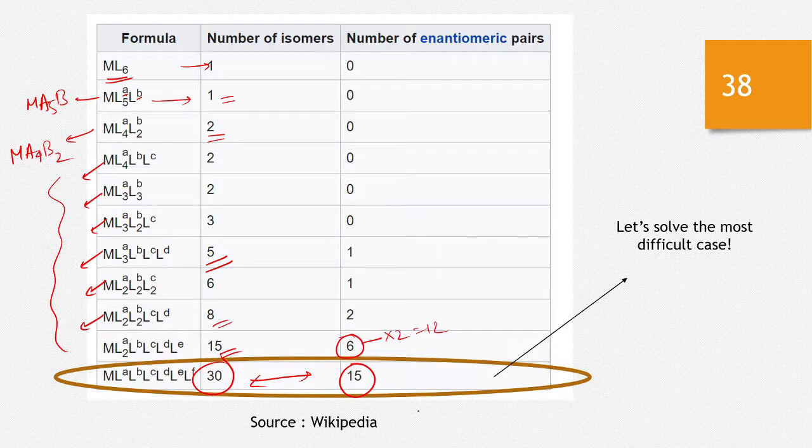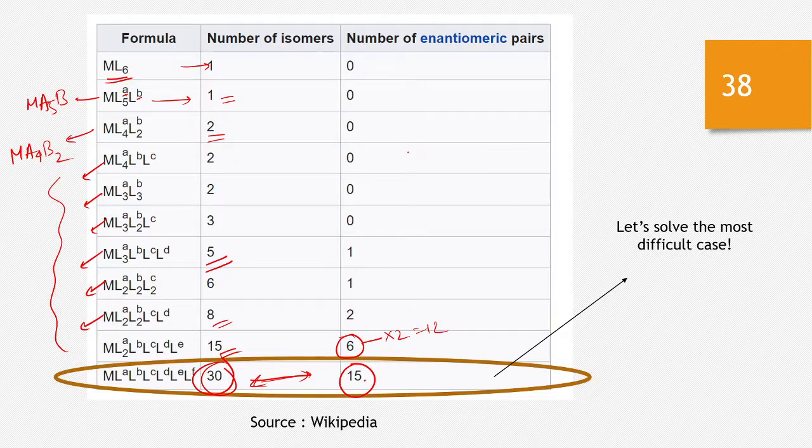So there is something interesting going on in these kinds of structures also, and maybe I will pick a random one and make a video about how to understand this. Here you have 30, and don't think that the number of enantiomeric pairs will always be half, because there could be something interesting going on there.